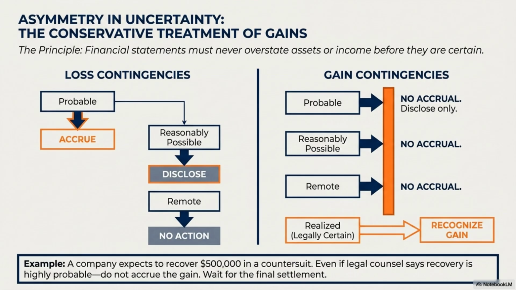Even so, do not accrue the gain. Disclose it in the footnotes, yes, but wait until the settlement is finalized or the court judgment is received before recognizing a single dollar of income. The moment companies start booking probable gains is the moment their income statements start reflecting optimism instead of reality. ASC 450 does not allow that.